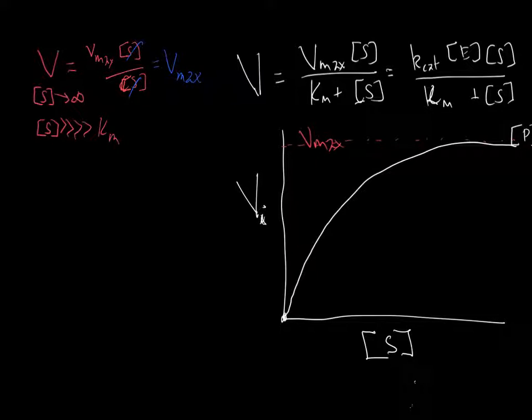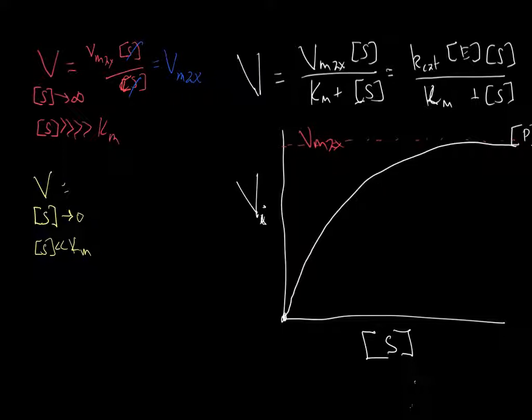Likewise, we can do the same thing when the limit approaches the other way. So now if S is really small, as S approaches 0, what we're saying is the concentration of S is much smaller than Km. So therefore, Km plus S is essentially the same thing as saying Km.